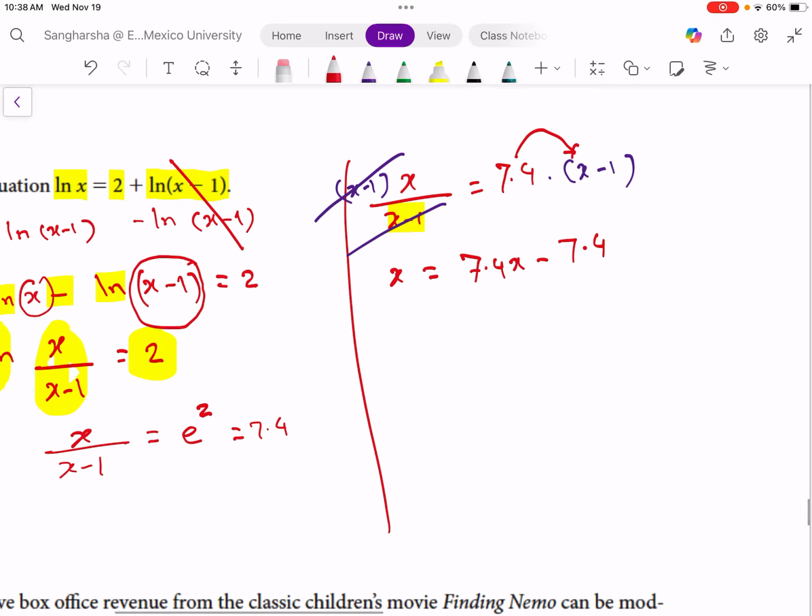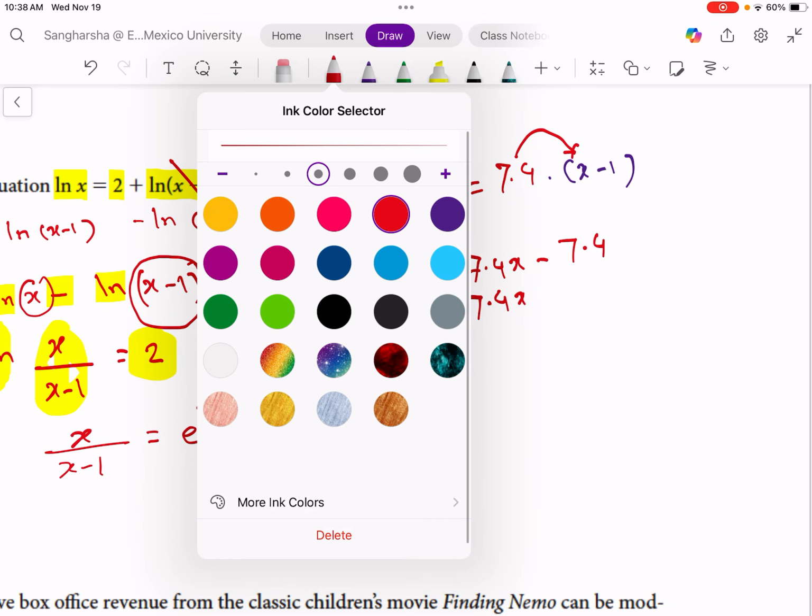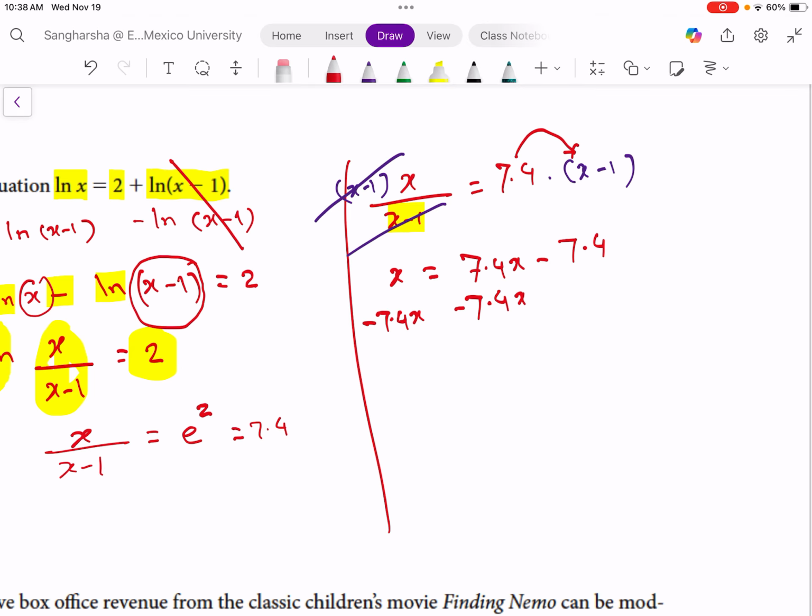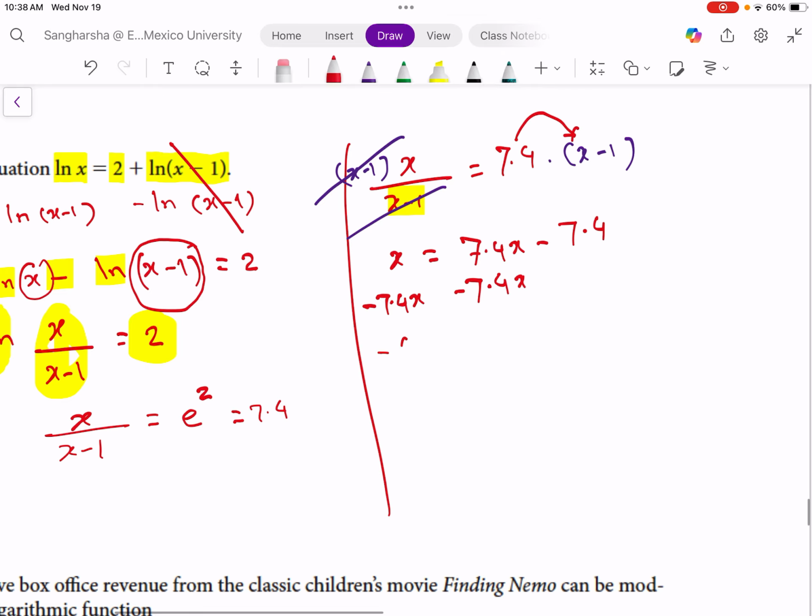Now this is a linear equation, and we know how to solve this. Subtract 7.4x on both sides. So x minus 7.4x, what is that? 1 minus 7.4 is negative 6.4, so negative 6.4x equals negative 7.4.